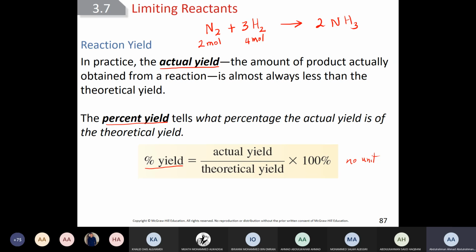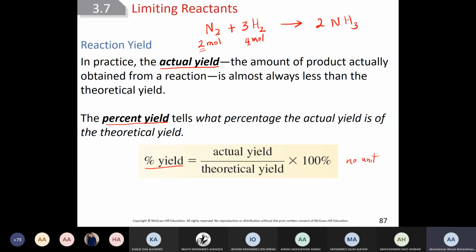My first question: which one is the limiting reactant if I react 2 mole nitrogen with 4 mole of hydrogen? Hydrogen is the limiting reactant. Why? Because 2 moles of nitrogen need how much hydrogen? 6.